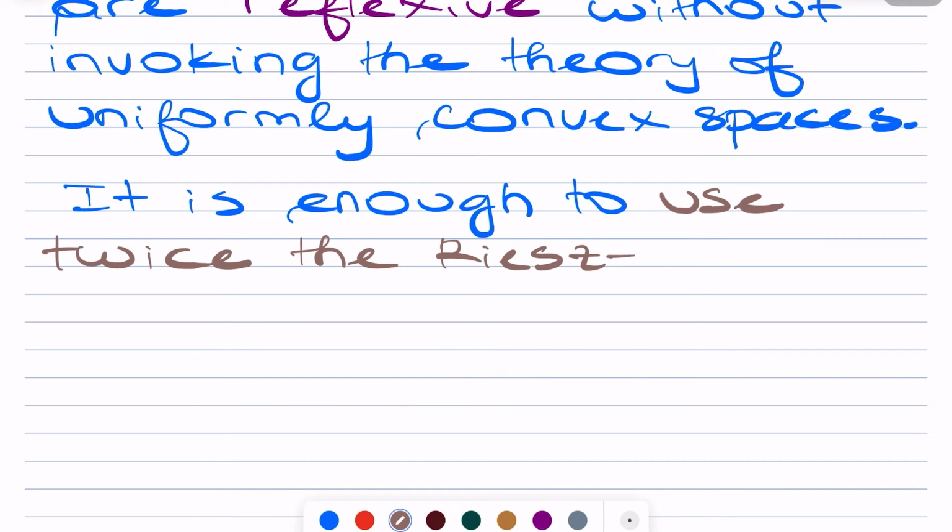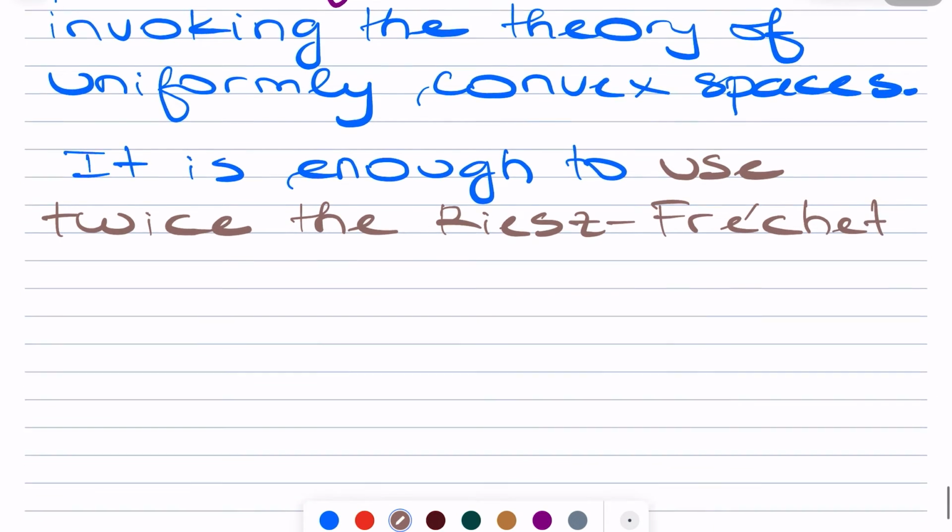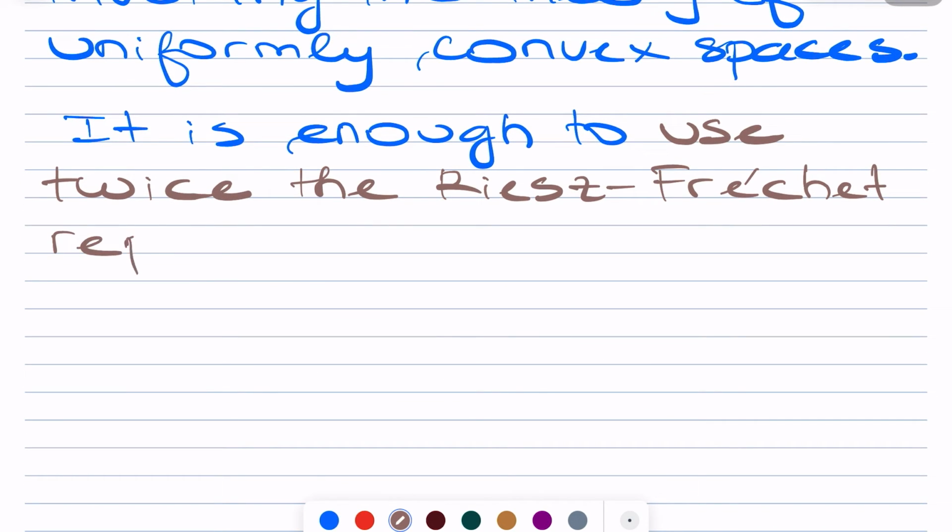The Riesz-Fréchet Representation. I can just cut it short and say it is enough to use twice the Riesz-Fréchet isomorphism. This is theorem 5.5, as I said, right?